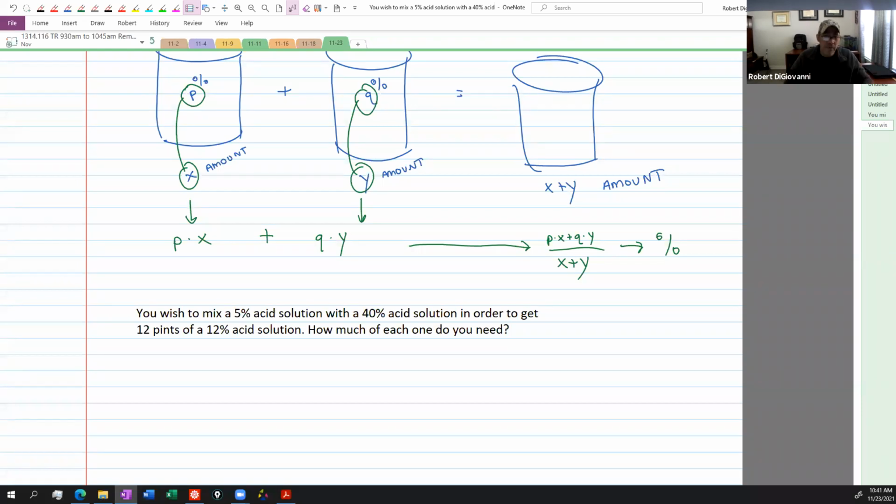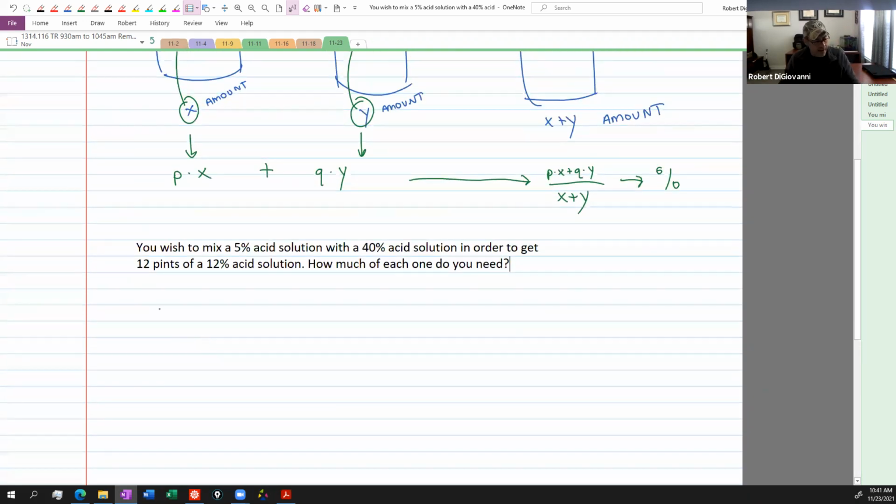This question is very different than the previous problems. In the previous problems, I told you, hey, we've got this much of this and this much of this, and we're mixing them together, and how much do you get at the end? This is not the same problem. This is saying that we have an acid solution here, and all I'm telling you is that it's 5%. And we're going to add that to another acid solution over here where the concentration is 40%.